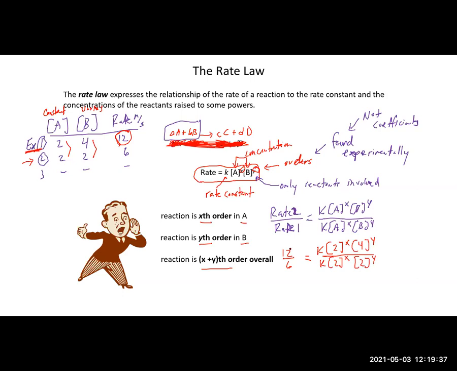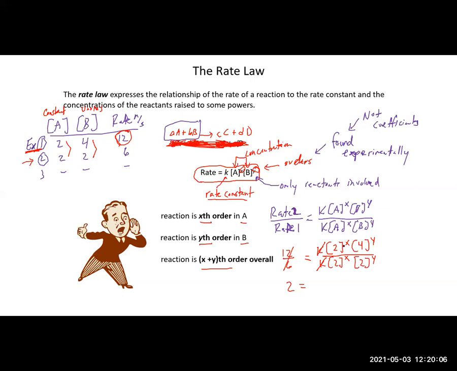Now I can really solve for this mathematically. If I take 12 divided by 6, that is 2. When I get to the k on top and the k on the bottom, they're both rate constants, which implies a constant number. Although I don't know what the number is at this point, I do know they're going to be the same, which means they will cancel out as well. Now, when I get to A to the x, A is 2 on top, 2 on the bottom.